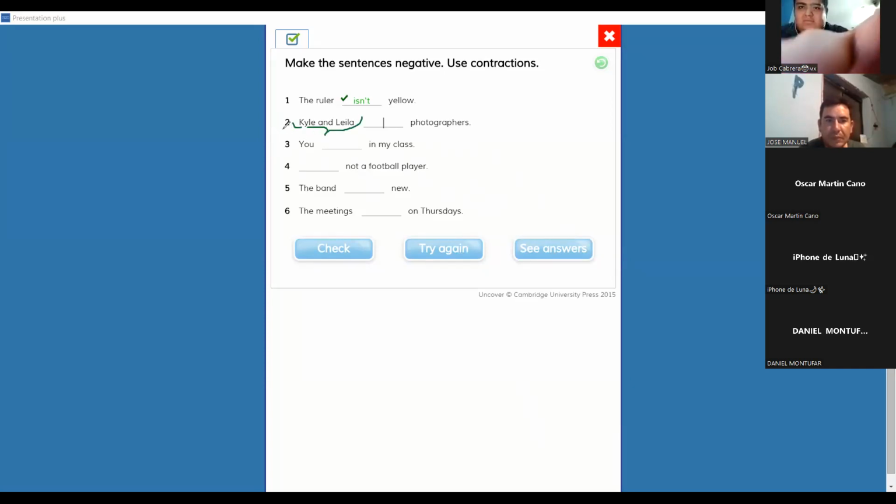Si son dos personas, they. It's a they. And what do we use for they? Are. Are, right? So we would use are, and then what would be the negative? Job, aren't. Very good. So this would be Kyle and Layla aren't photographers.